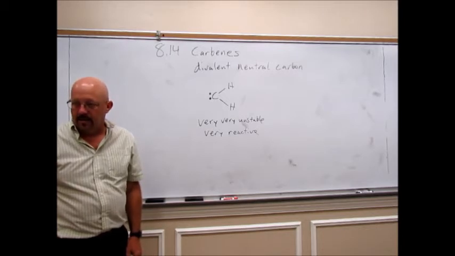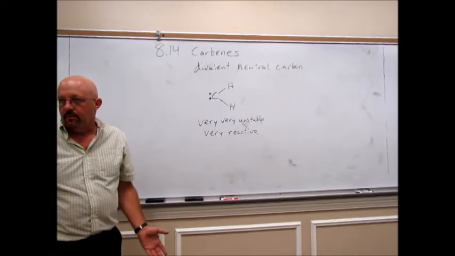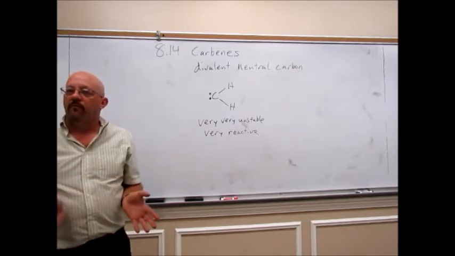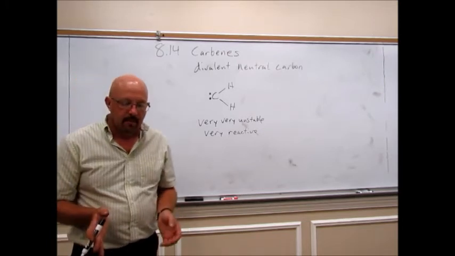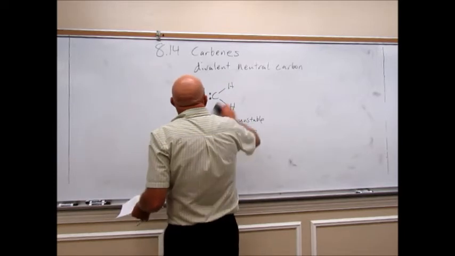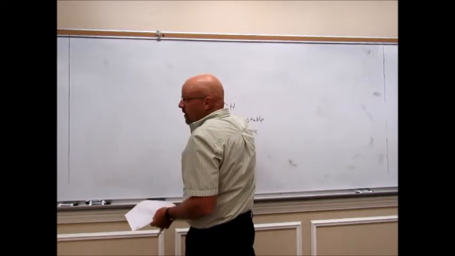It's not going to last. They usually only exist for a few seconds. So we're going to make carbenes, but we're going to have to use them very quickly for something. Let's take a look first at how to make a carbene, and then we'll look at a reaction that they will undergo.